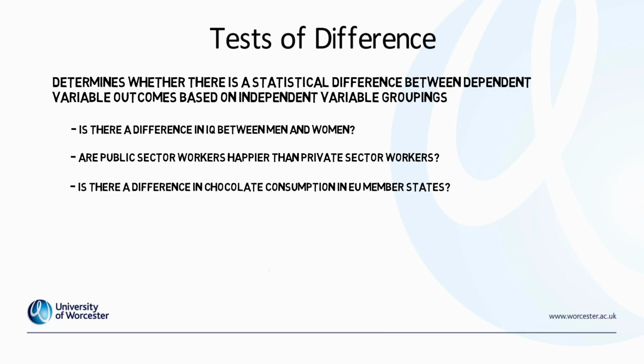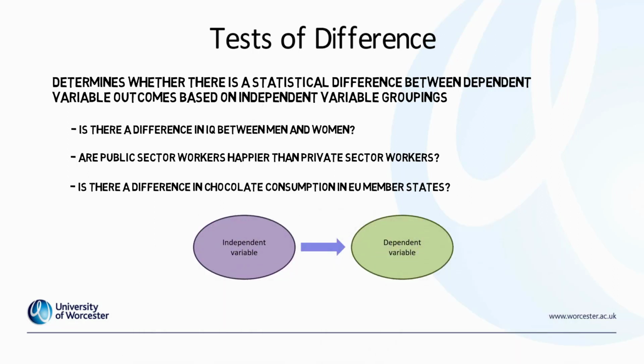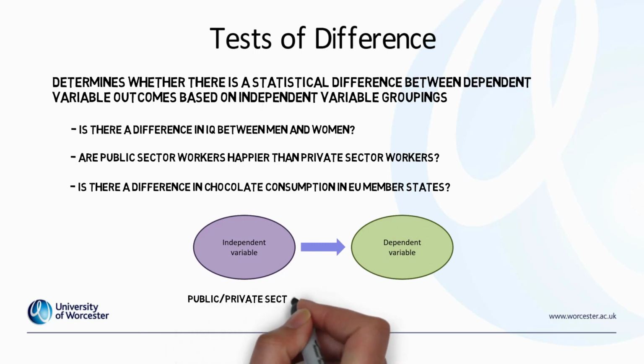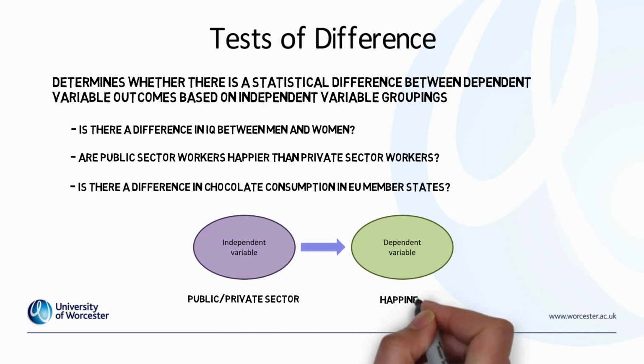In the second example here, are public sector workers happier than private sector workers? We have the type of work, public or private, as the independent variable, and we're seeing if based on the independent variable, the dependent variable of happiness is different.